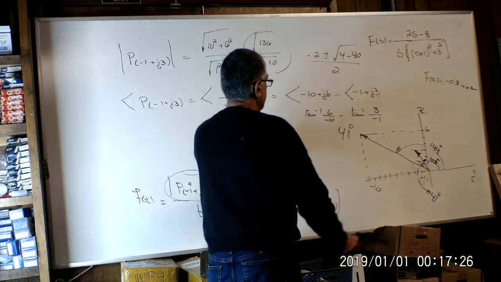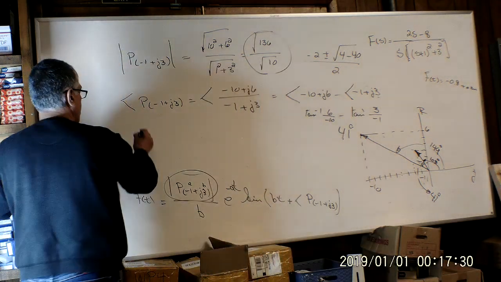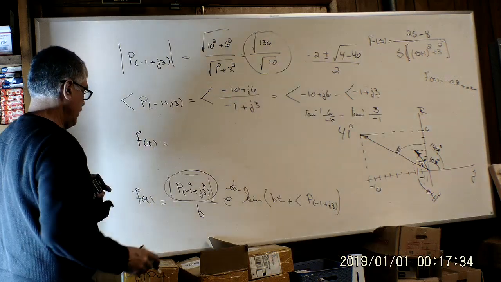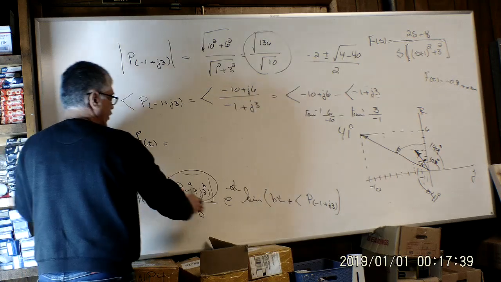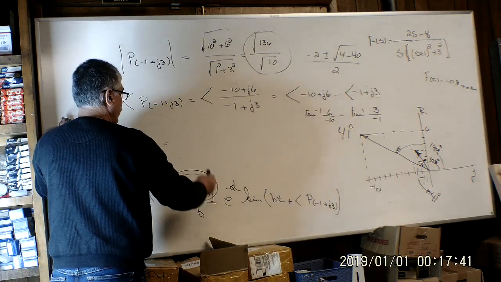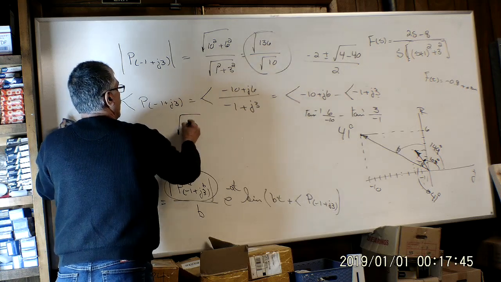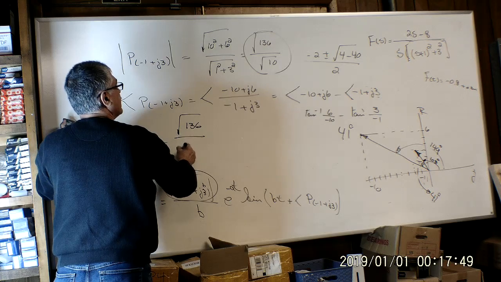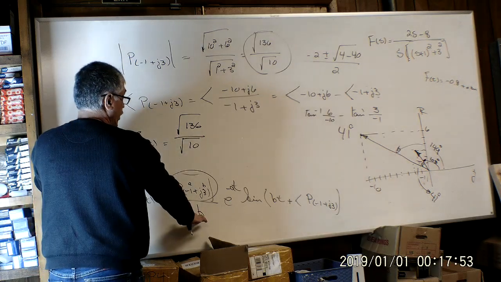So let's go ahead and plug that into this formula. So our function associated with our complex number will be equal to the magnitude, which is the square root of 136 divided by the square root of 10, divided by b.